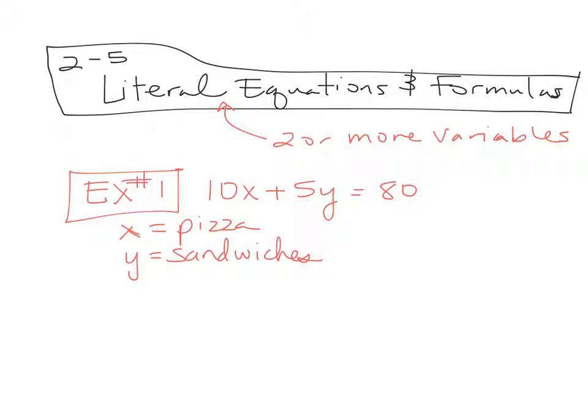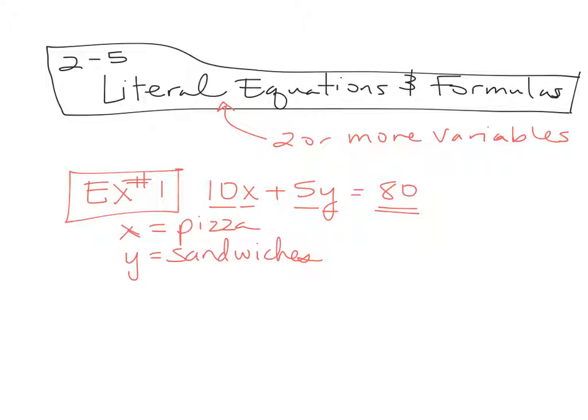If I said, how many sandwiches can you buy if you buy 3 pizzas? So they're saying it's $10 a pizza, it's $5 a sandwich, and the total that you're spending is $80. If I buy 3 pizzas, how many sandwiches can I buy? If I buy 6 pizzas, how many sandwiches can I buy?